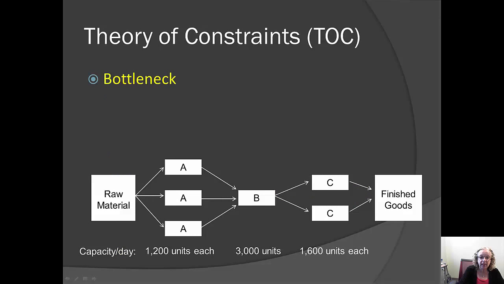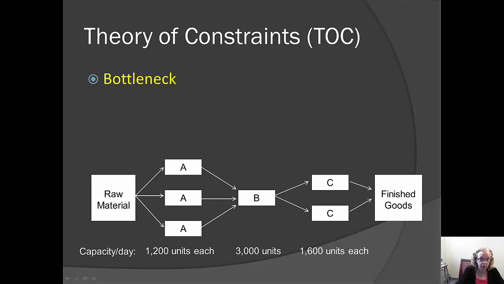This concept is expanded in the theory of constraints, which takes a look at whatever is limiting our ability to be profitable and then seeks ways to ease that constraint.